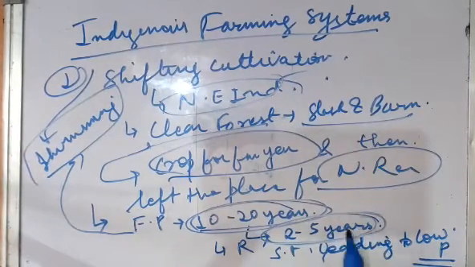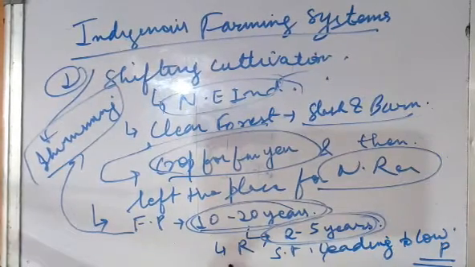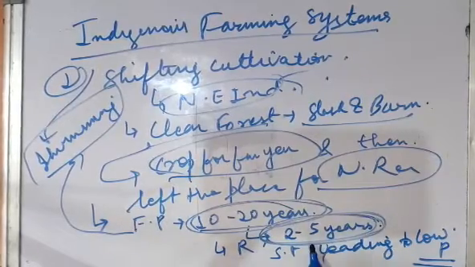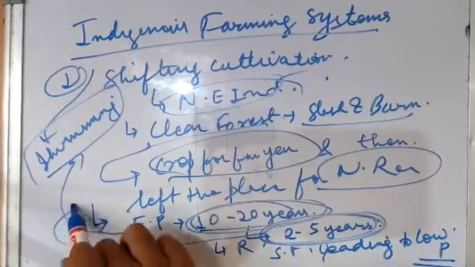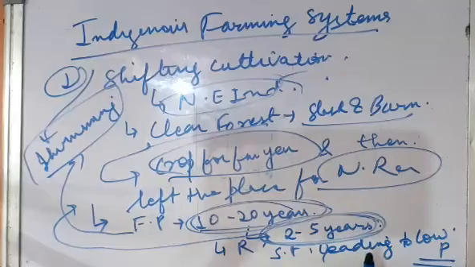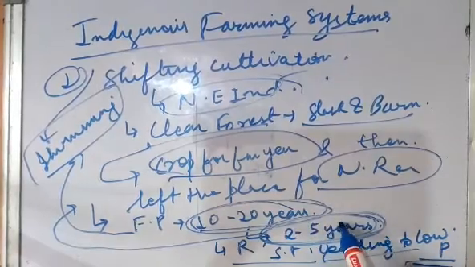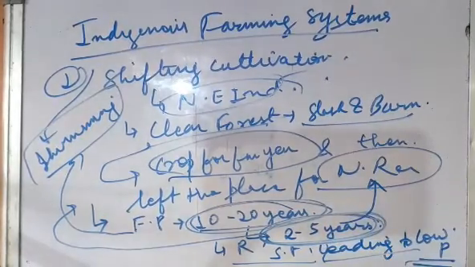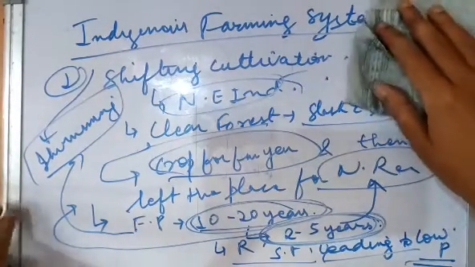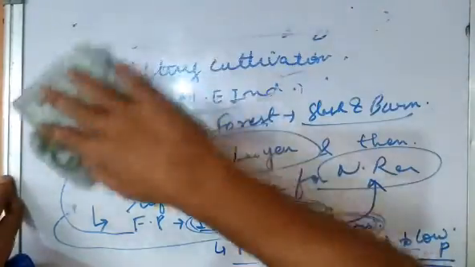But due to population pressure and the decreasing forest areas in the northeastern region, the fallow period became 2 to 5 years, which is not sustainable. It is reducing soil fertility, leading to low crop production, and 2 to 5 years are not enough for natural regeneration. So these are the problems caused in recent times in shifting cultivation, that is in jhooming.